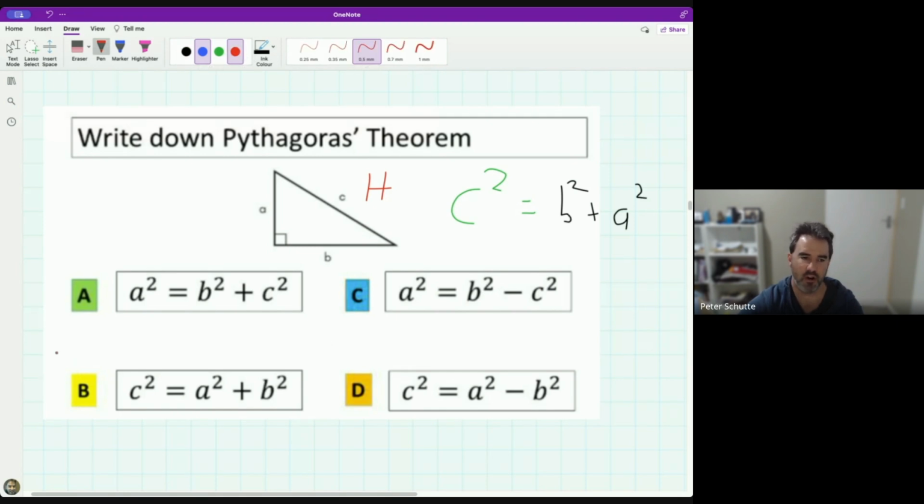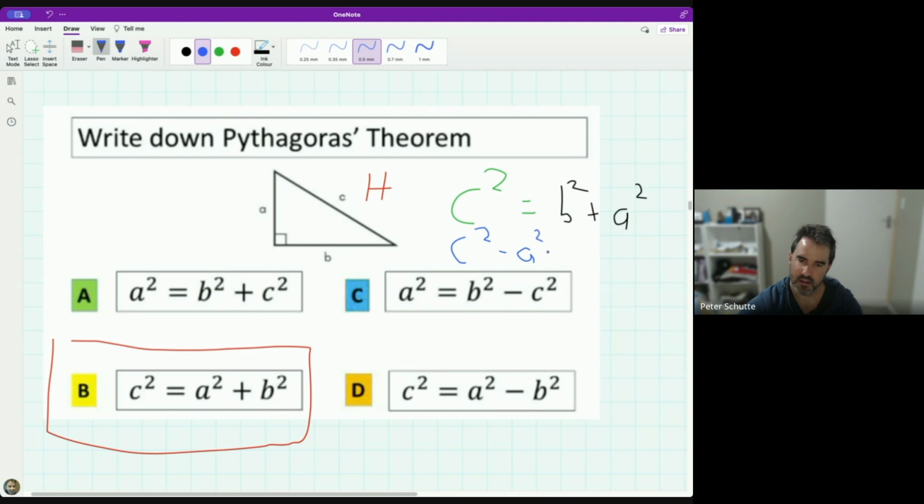And so the correct answer is going to be B over there. So what I look for is what is the right angle? That's the one that should be by itself when we start. Although things can move around, you could also write that this would be the same: c squared minus a squared is equal to b squared. That's correct, right? It's just that it's been moved around a little bit.